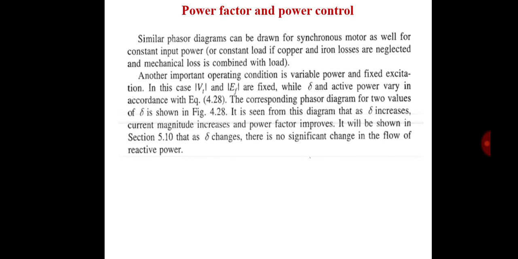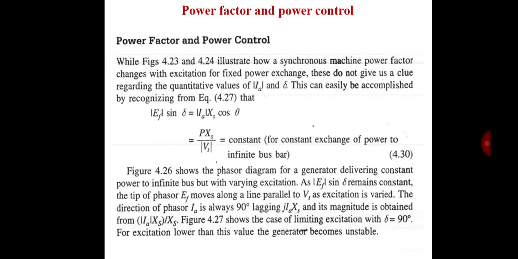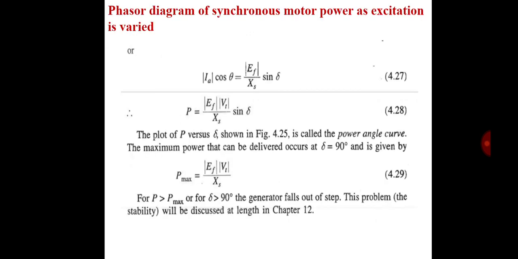Now another important operating condition is variable power and fixed excitation. In this case Vt and EF are fixed, that means voltage fixed and excitation fixed, while delta and active power vary according to equation 4.28. From the equation, P is equal to EF into Vt divided by Xs into sine delta.